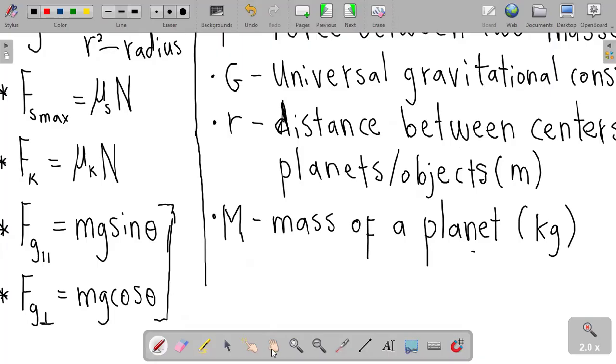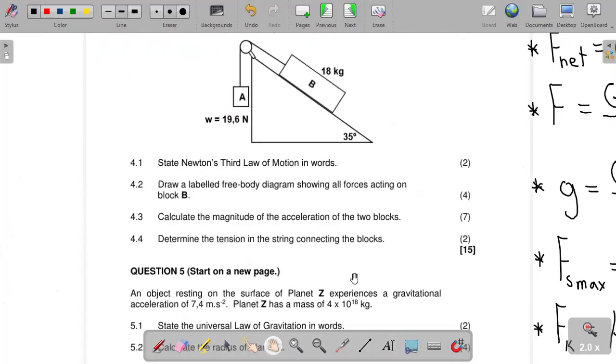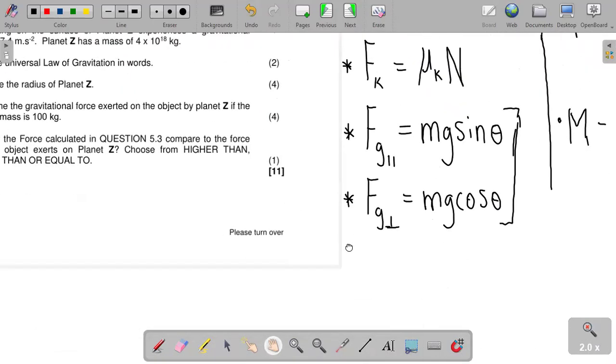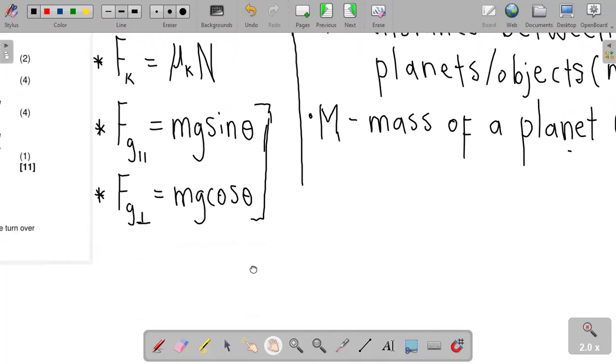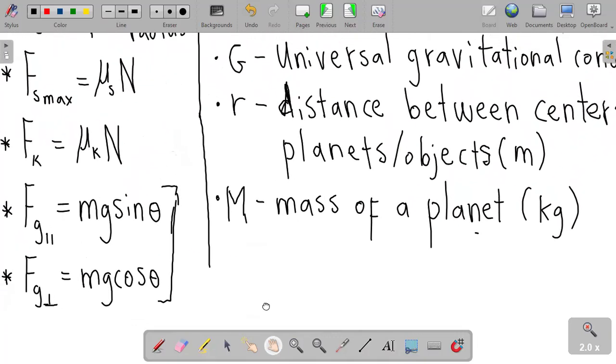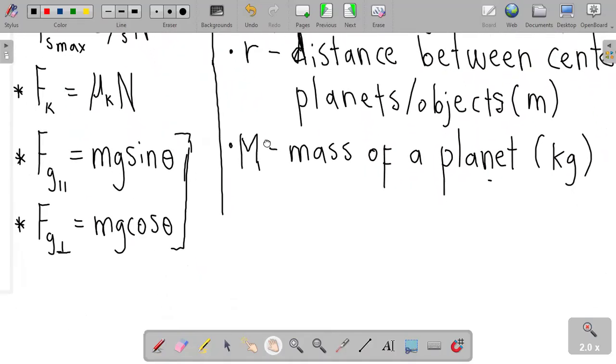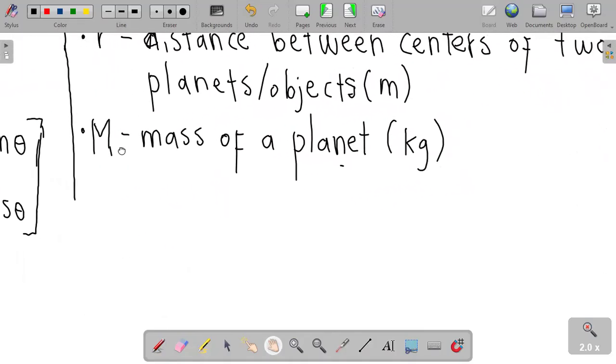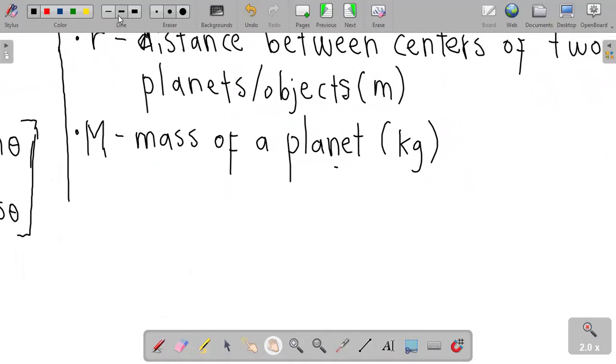And then we go to Fs max, which is the maximum static friction.